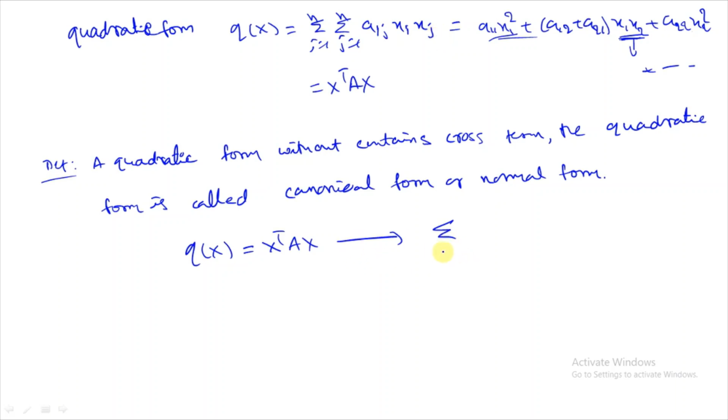This is converted to this form using some orthogonal transformation. Now we'll see what the orthogonal transformation is. This is the canonical form.